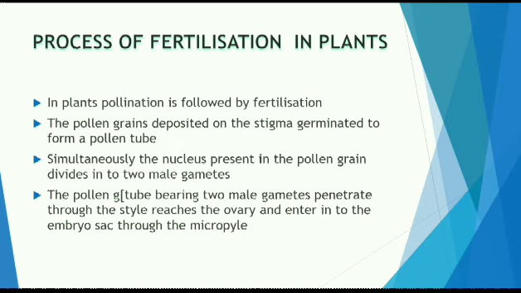So many pollen grains are deposited on the stigma, but only one will successfully grow, and it will grow a tube that is called the pollen tube. Inside the pollen tube there are two male gametes. Okay, those male gametes easily reach the ovule.